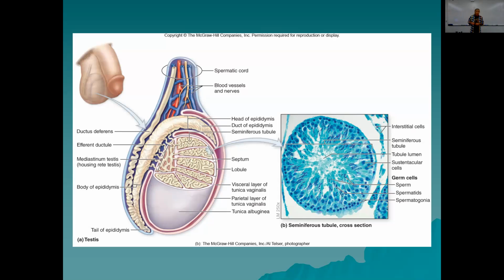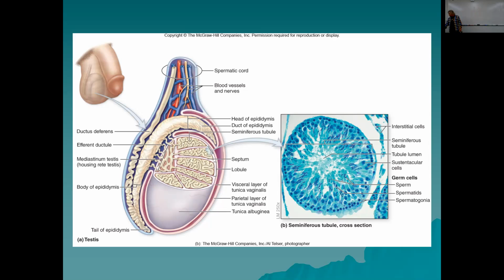The spermatic cord goes through the inguinal canal into the man's abdomen, heading on to the seminal vesicle, the prostate, and the ejaculatory duct. And there's a cross section showing interstitial cells, the seminiferous tubule, the tubule lumen, and the germ cells.